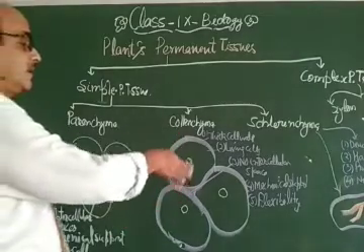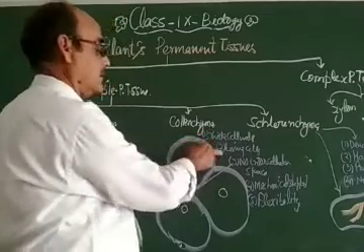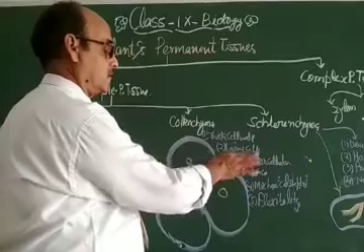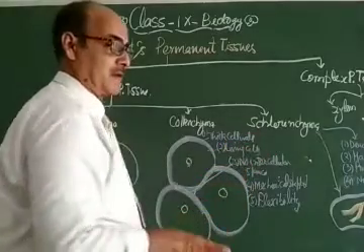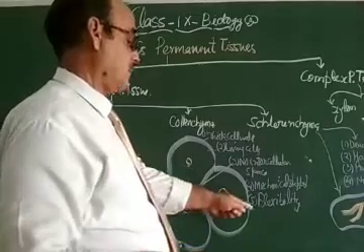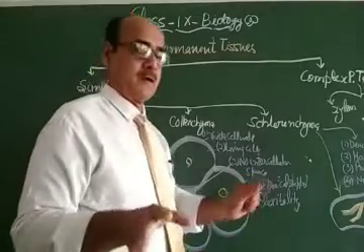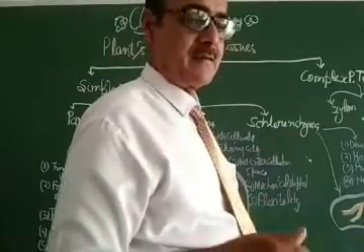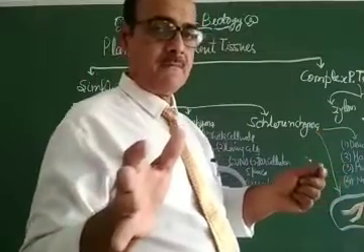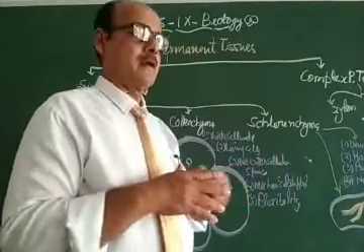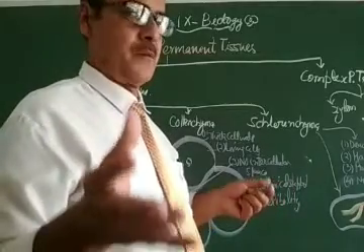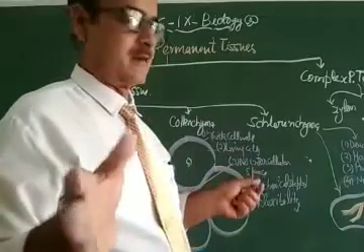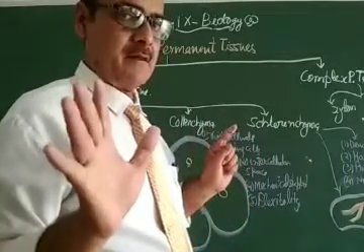Collenchyma has thick cell walls, living cells, no intercellular space, and provides mechanical support and flexibility to the plant. And these sclerenchyma are dead cells, found on the covering of the seed and the covering of other plant parts for protection, and they are non-living cells made up of sclerides.